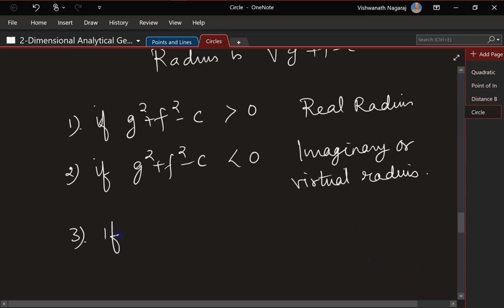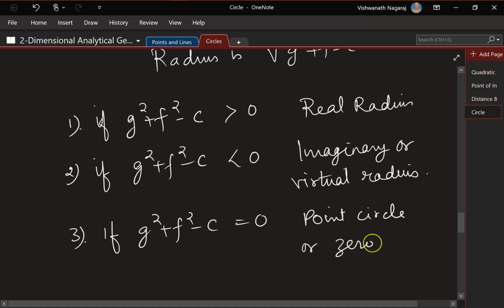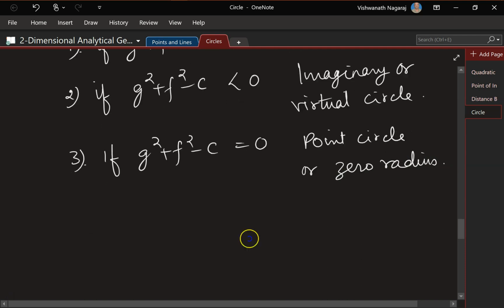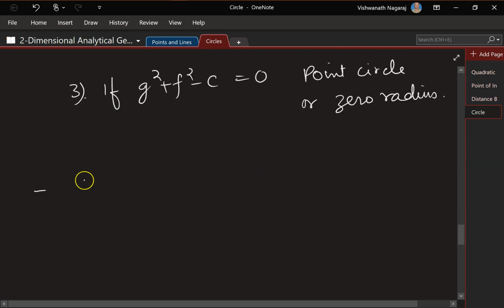And the third case is g square plus f square minus c equal to 0, which means it is going to be a point circle, or zero radius.